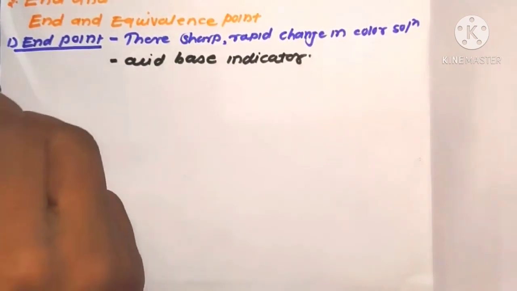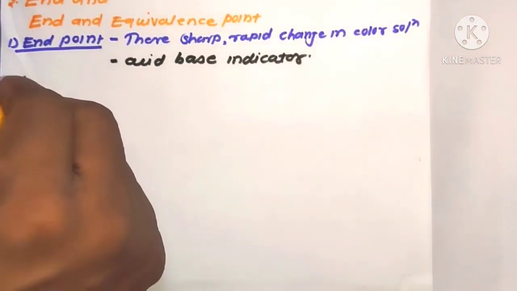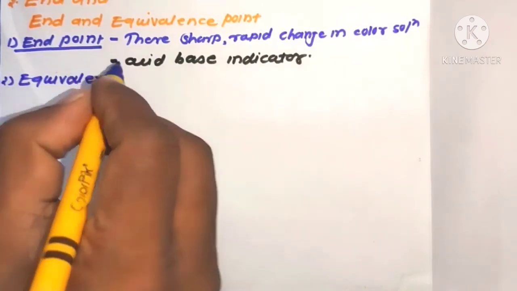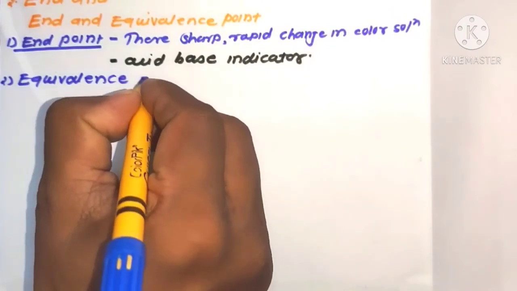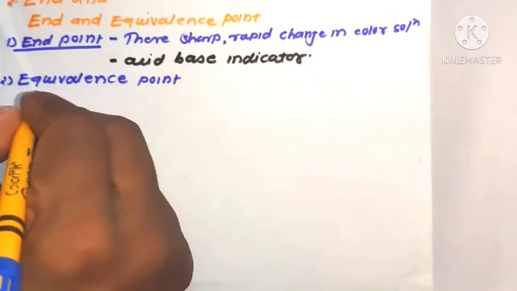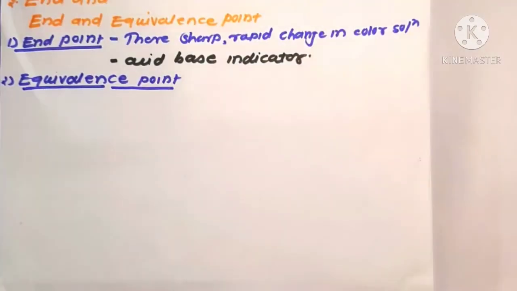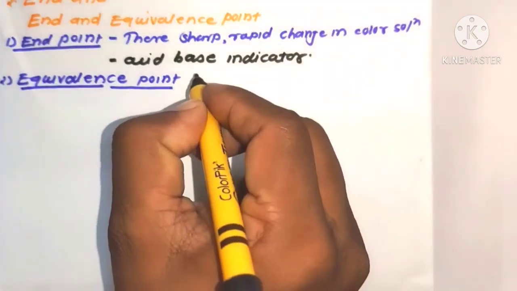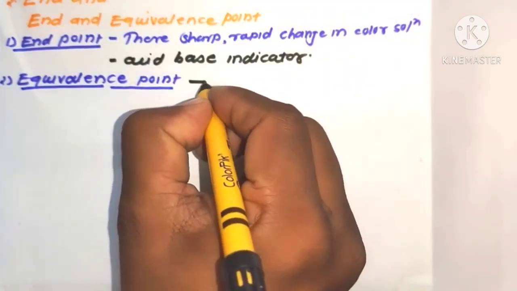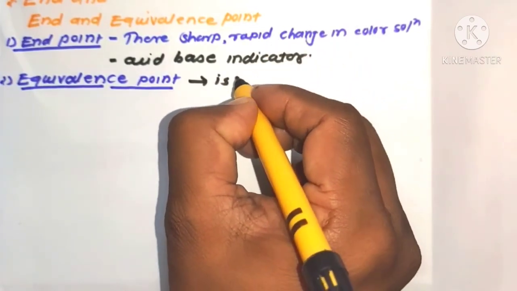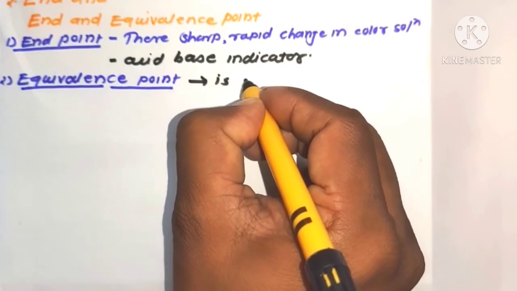Then the next point, second, that is equivalence point of neutralization titration. The equivalence point of the titration is the point at which the reaction between acid and base is stoichiometrically complete.